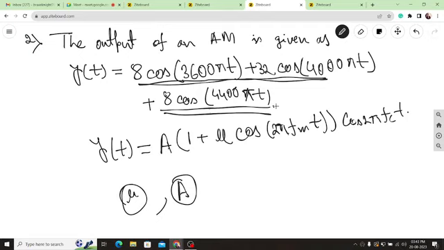Okay. Let us move to the next question. The next question says, what is the sideband power?